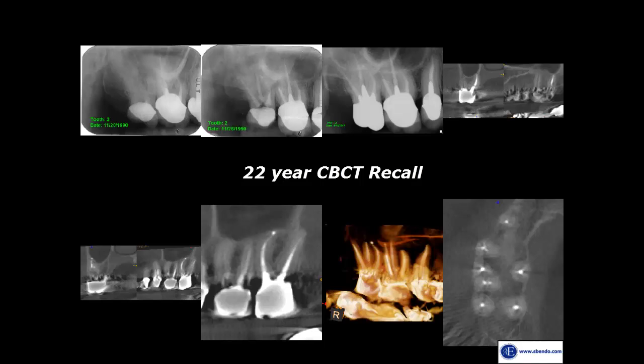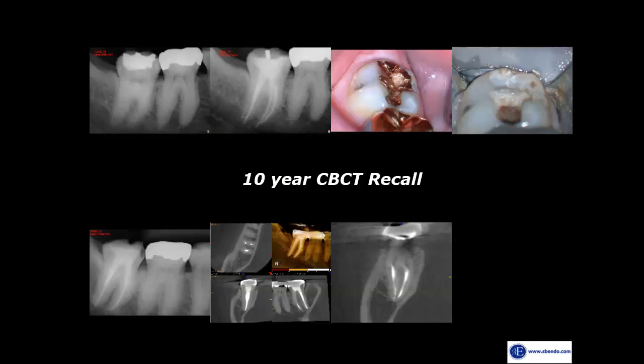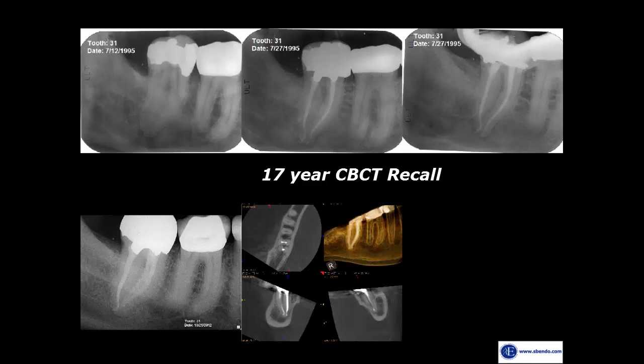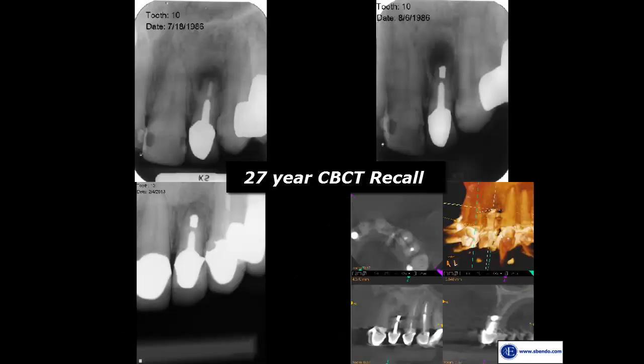I know why my cases fail, and it's usually an inability to find root canal anatomy, clean it properly, and fill it.